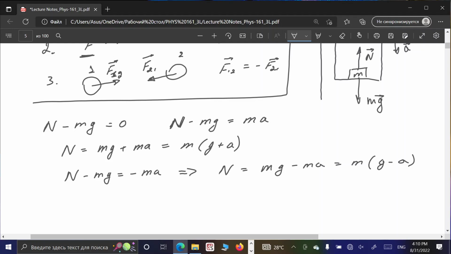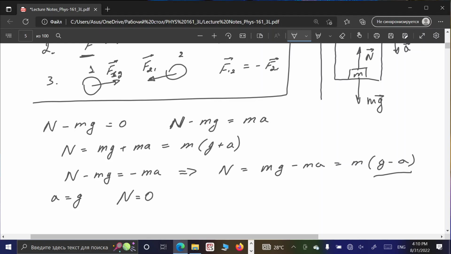But we can also go further and consider some special case, which is acceleration equal to acceleration of free fall. So if a is equal to g, then N becomes equal to 0.